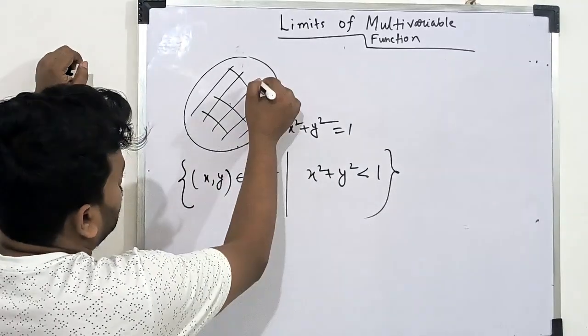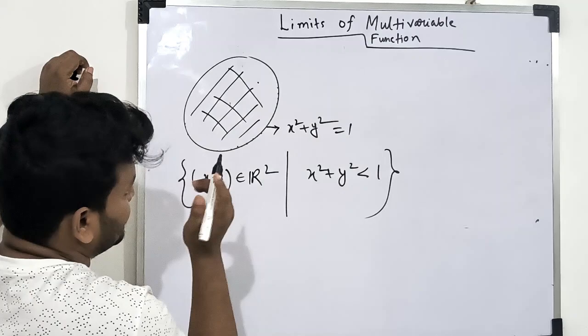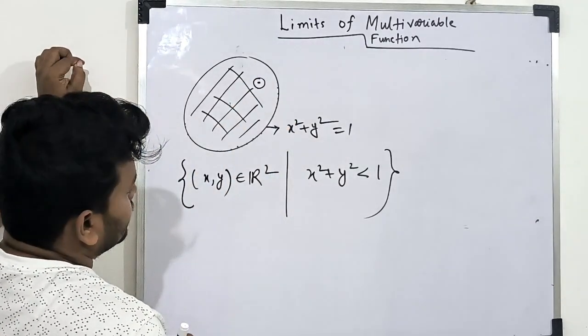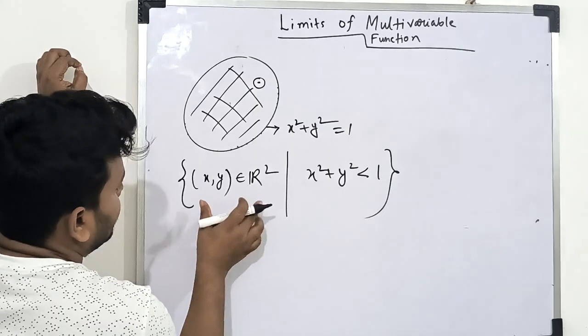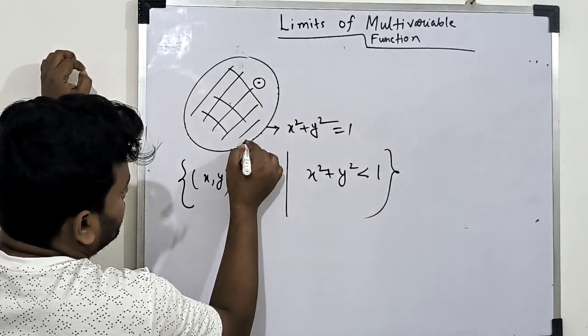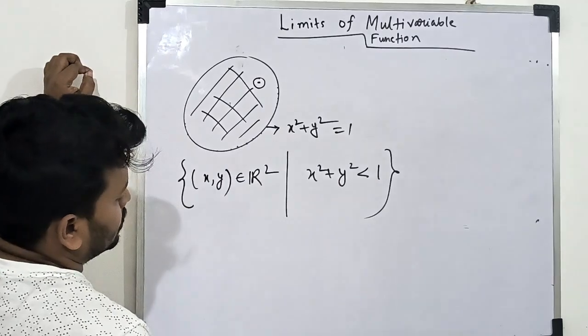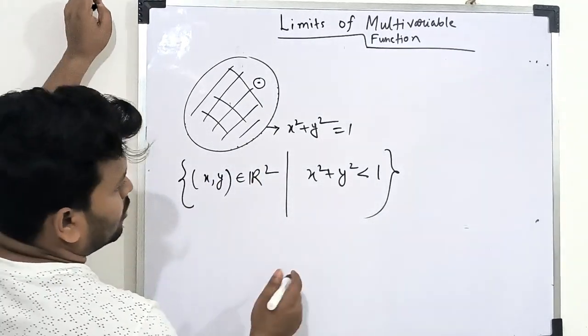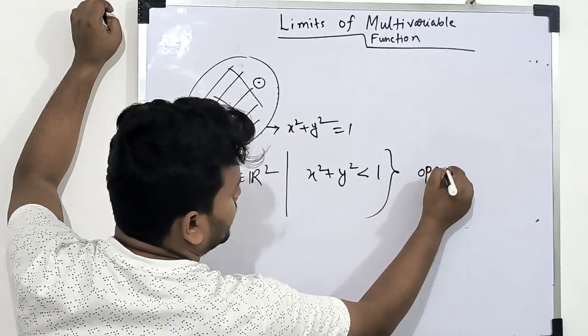If we choose any point, there exists a disk centered at this point which lies entirely within this set. The points on this line are not in the set, so there is no problem. So it becomes an open region, that is, an open set.